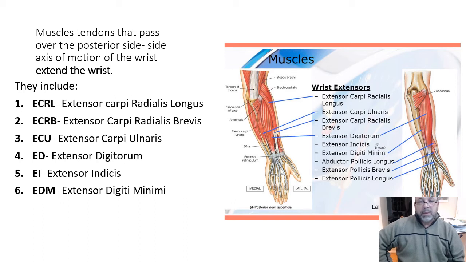And then you have the extensor digitorum going all the way to the digits. And then you have the extensor indicis going to your second digit, and the extensor digiti minimi going to the pinky. So they all assist and they all work as synergists in extension of the wrist.